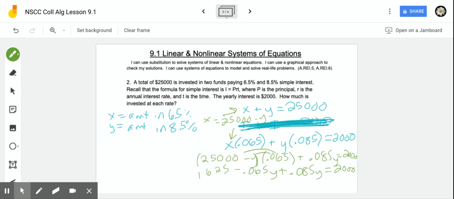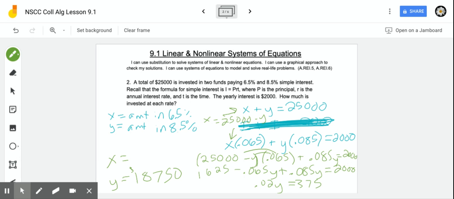I'm going to combine my like terms. So that gives me 0.02y. And I'm going to subtract that 1625 to the other side. 375. And so I'm going to write this over here. Y equals $18,750. So that's how much I put into the second account.